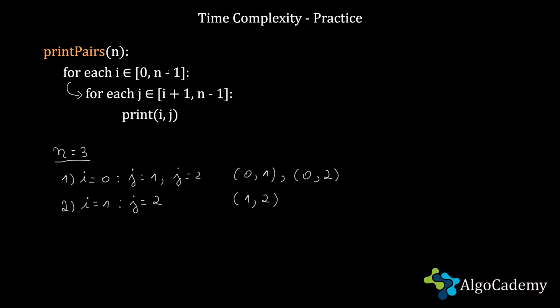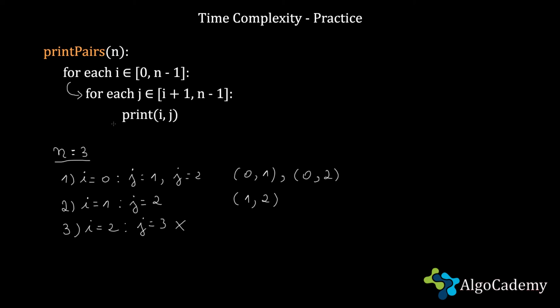In the end, we have the third step of this algorithm, where i becomes equal to 2, n minus 1. Then j would be 3, but j has to be less than or equal to n minus 1, which is 2. So the range i plus 1 to n minus 1 becomes 3 to 2, which is not a valid range, so nothing is going to happen here.